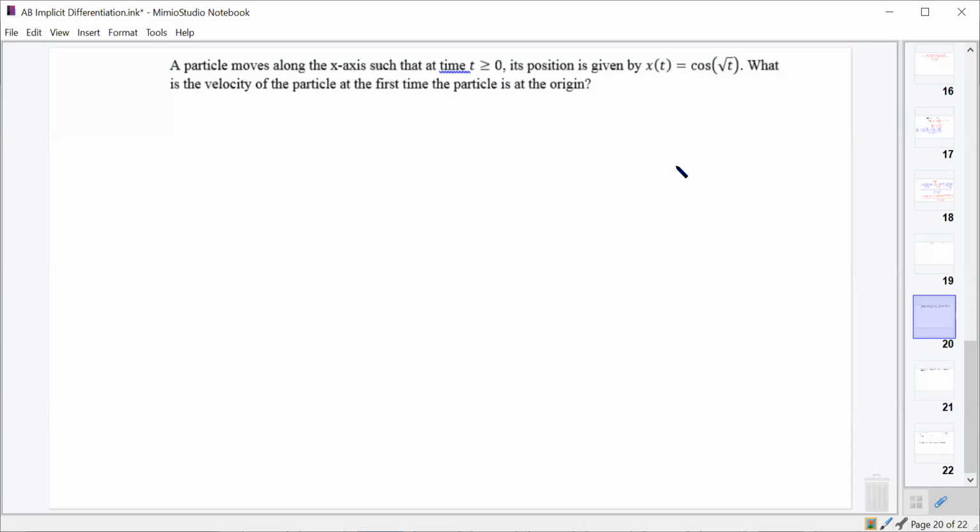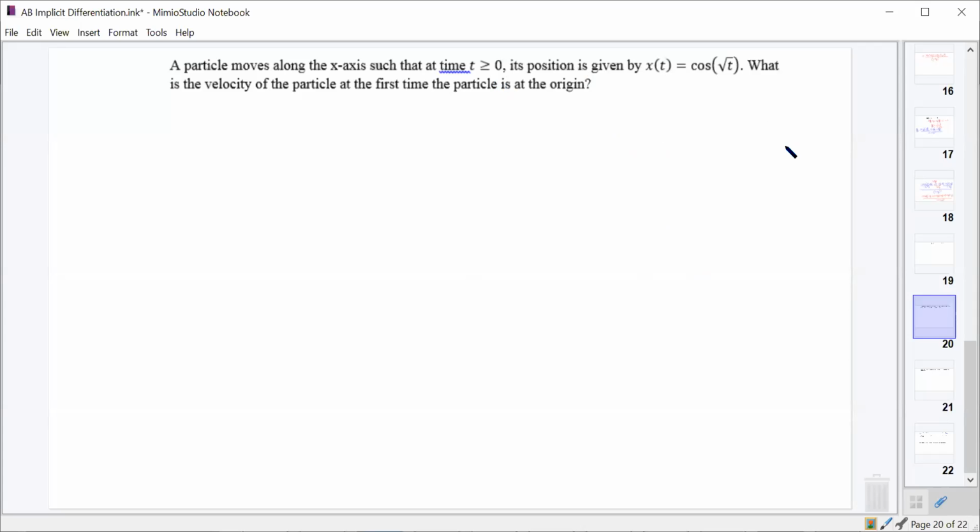We want to know what is the velocity of the particle the first time the particle is at the origin. You guys can see the problem now, right? Not the calculator. Yeah. Okay, so we want to know the velocity of the particle the first time it's at the origin, and this is its position function.